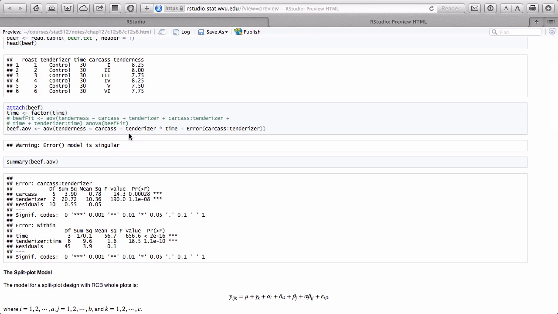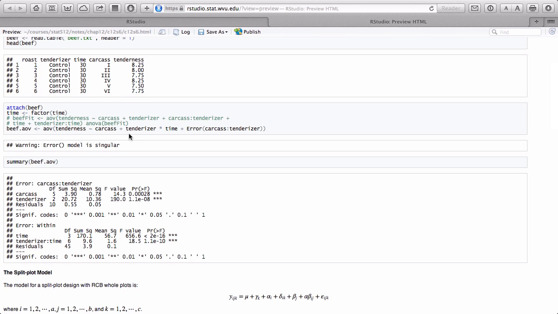Now we have the time, and the time by tenderizer interaction, and then the residuals. How do we get, well, there are 4 times, so 4 minus 1 would be 3, and tenderizer by time: tenderizer has 2 degrees of freedom, time has 3, so 2 times 3 is 6. But where does the 45 come from? Well, think of it as the pooling of the interaction of carcass with both time and tenderizer by time.